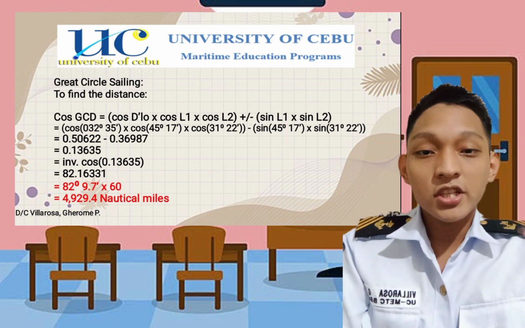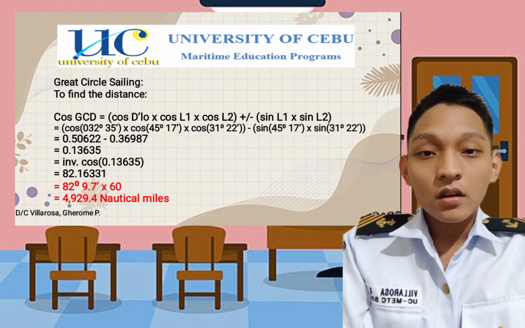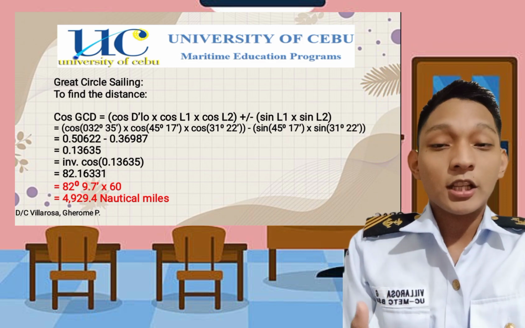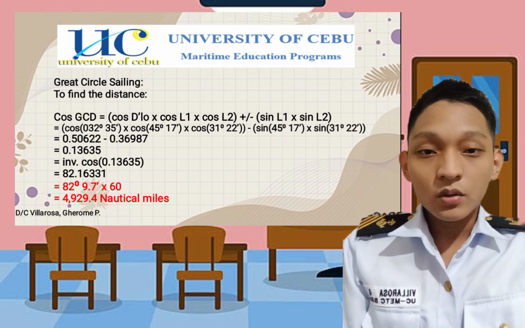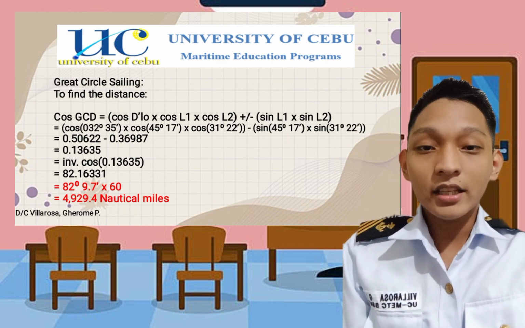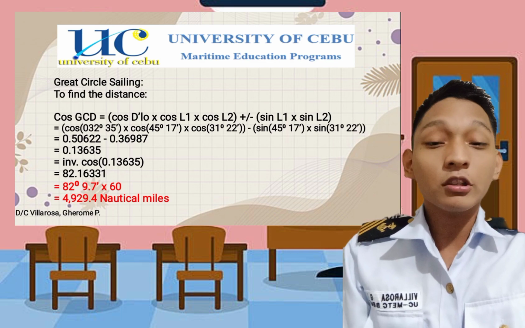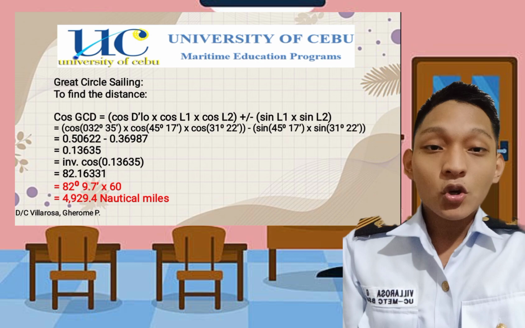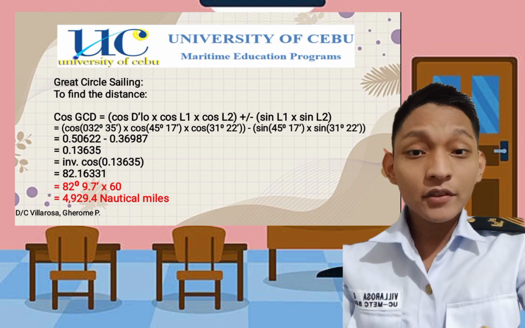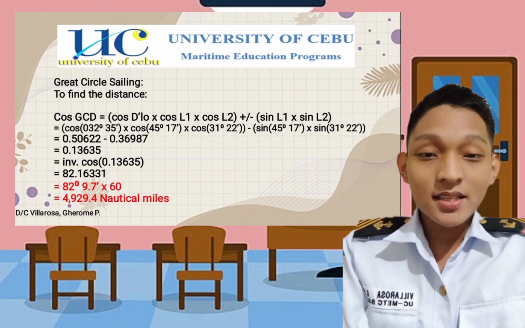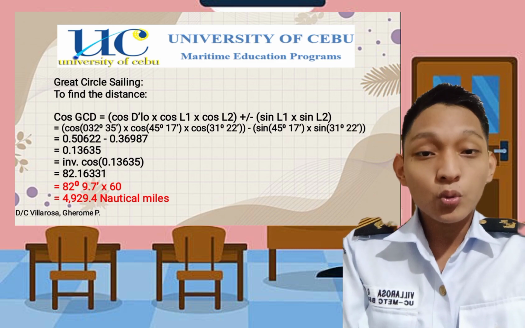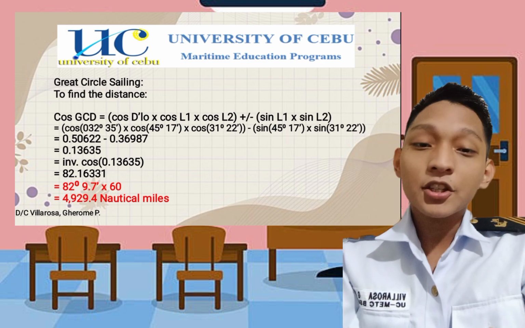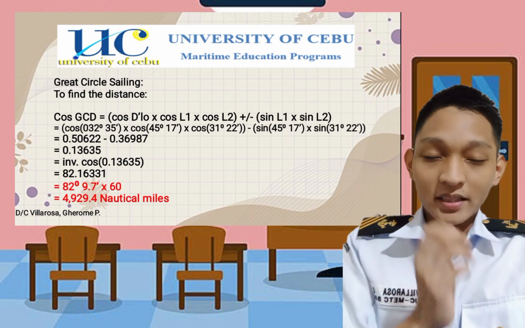Since our GCD is not identified yet, we have to follow the formula. So cosine DLO, which is 032 degrees 35 minutes, times cosine latitude 1, which is 45 degrees 17 minutes, times cosine latitude 2, which is 31 degrees 22 minutes.